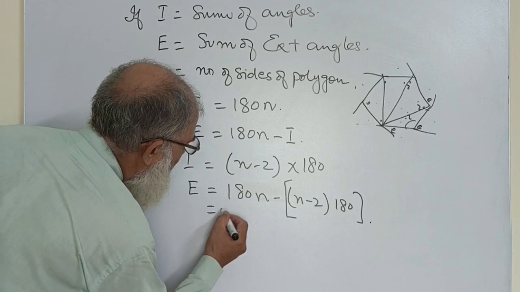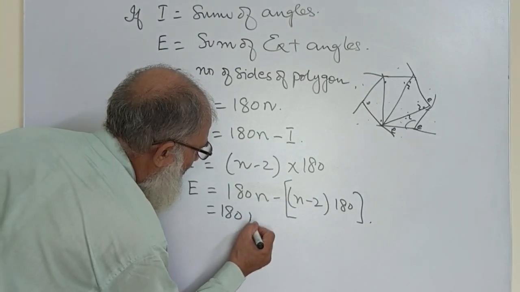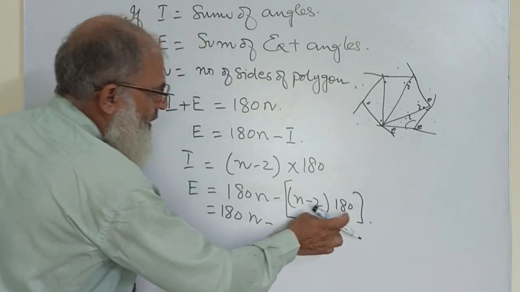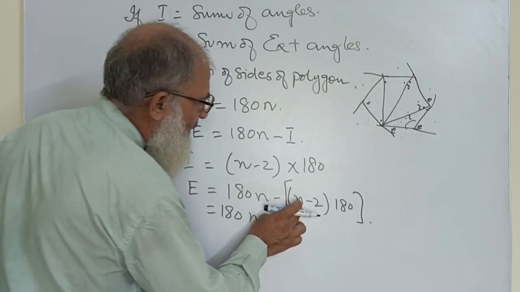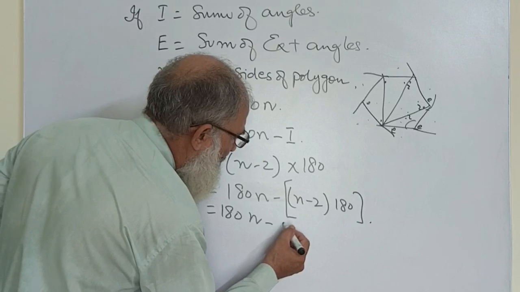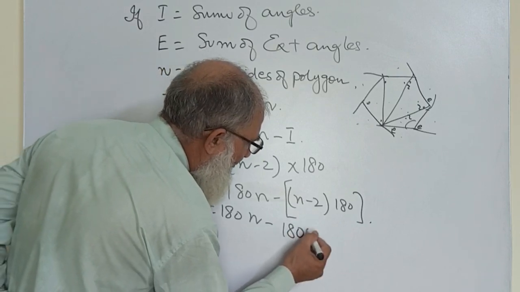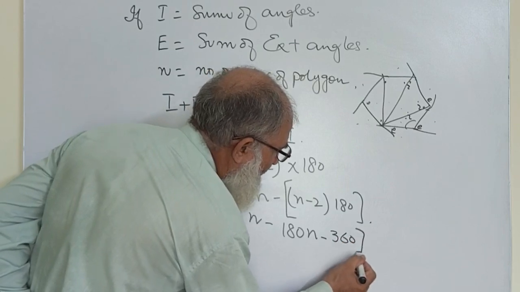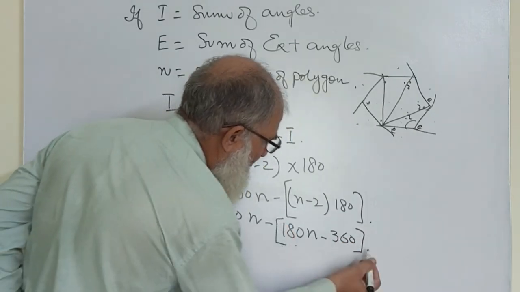Keep on solving this equation. Now this 180 is being multiplied with this, so it will become 180 n minus 360, still in the bracket.